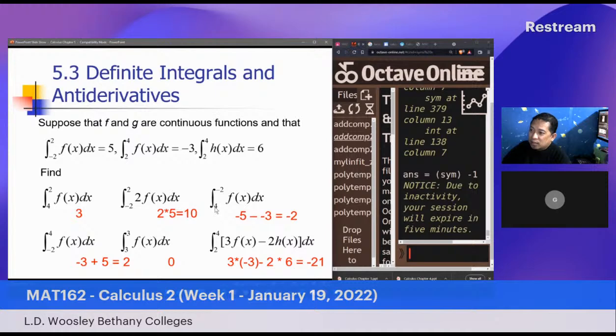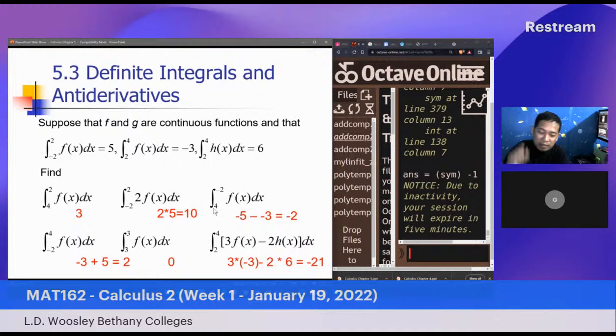Ulit, 4 to 2 siya. Kaya meron kang given 2 to 4, so positive 3. Positive 3. Tama?